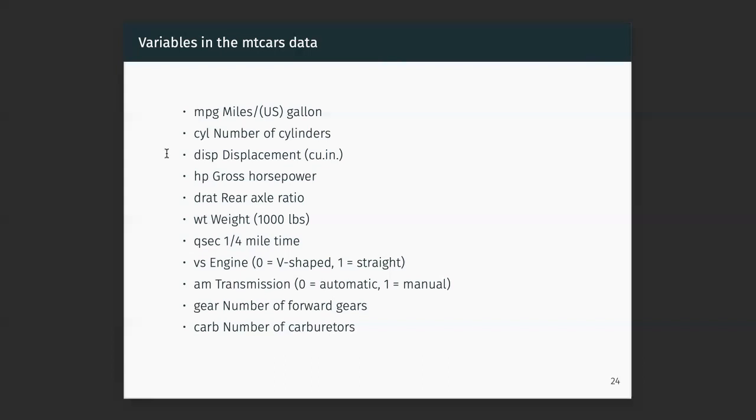All lines have an intercept and a slope, plus beta 1 times horsepower. Right? So we're saying that the expected value of fuel efficiency is a simple linear function of horsepower. Estimate that model. Go into R and estimate that model.